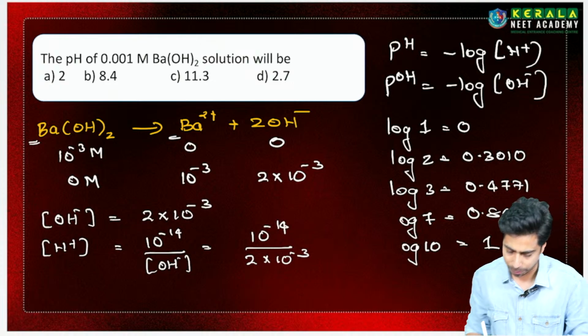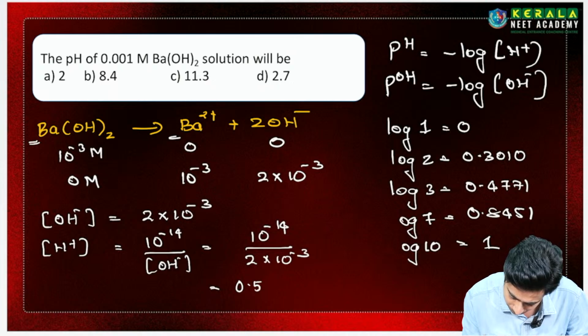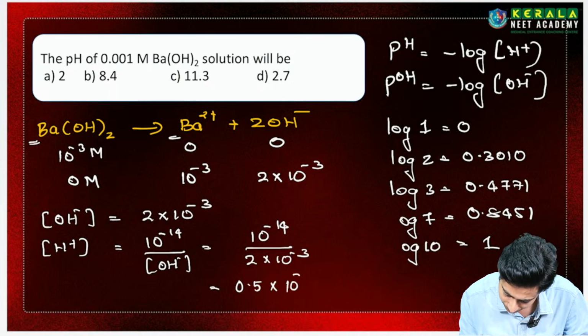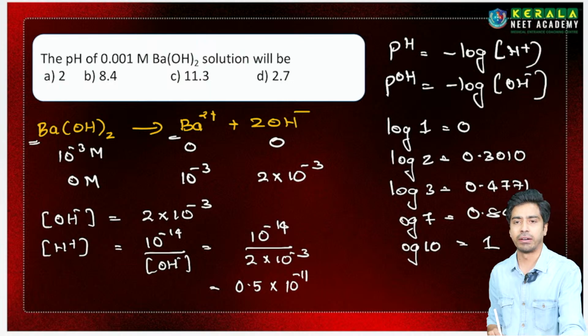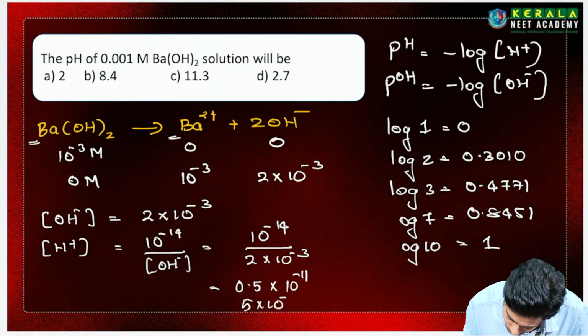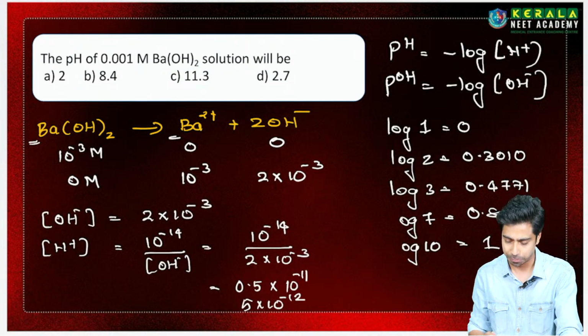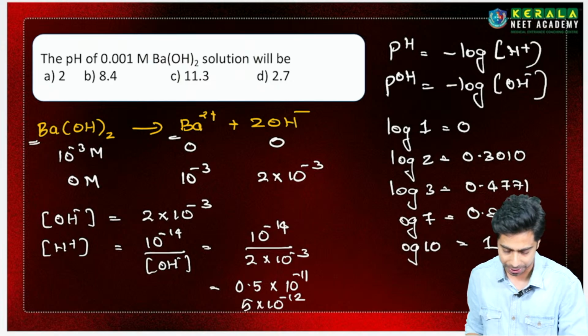That is 0.5 into 10 raised to minus 11, which is equal to 5 into 10 raised to minus 12.